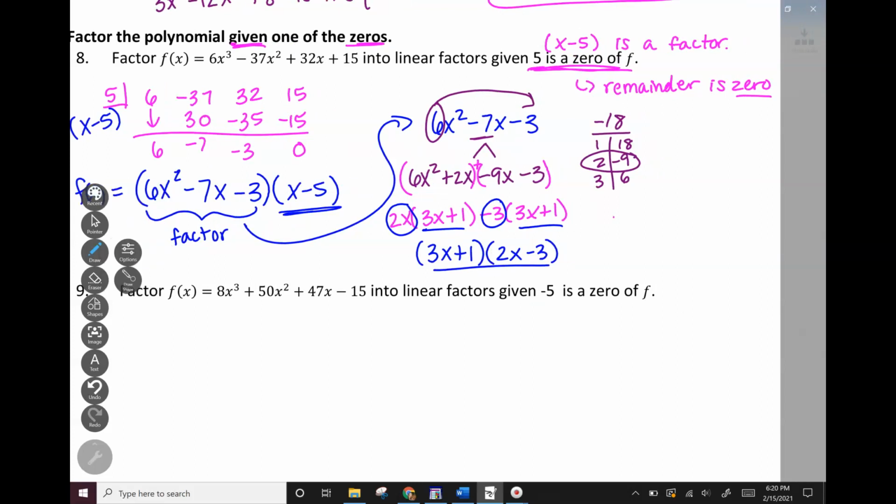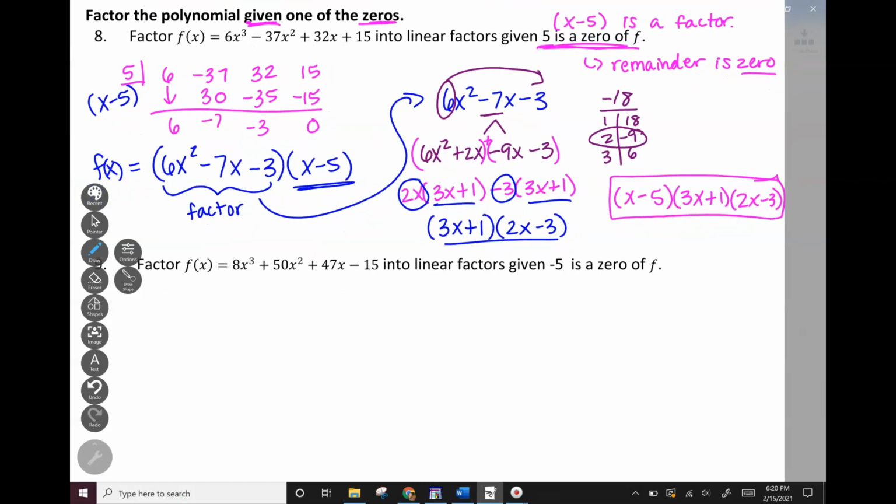Okay, so I'm going to write that out. I had x minus 5 from the beginning. They told me that one. And then I factored what was left, and I got 3x plus 1, 2x minus 3. And so that is the linear factorization of our polynomial.